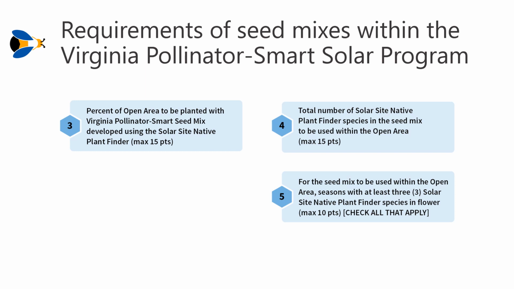Question 4 deals with the total number of native species in your mix. And question 5 deals with the number of seasons with at least 3 Solar Site Native Plant Finder species in flower. As you can tell, these questions follow closely the principles of seed mix design, particularly functional overlap and physiological constraints that we discussed earlier in this module.